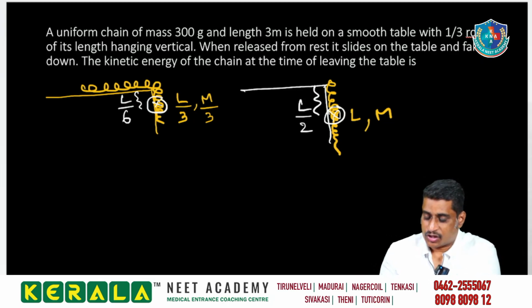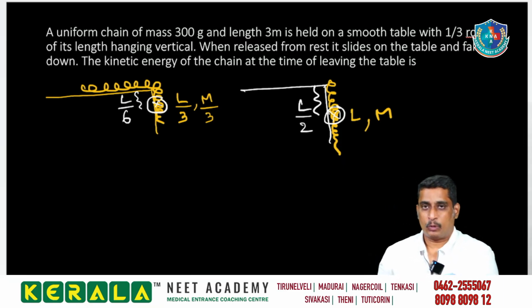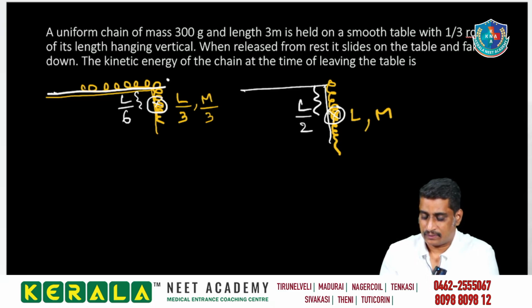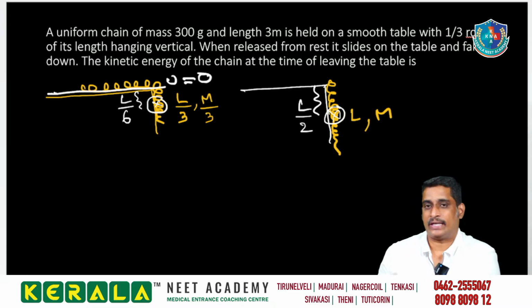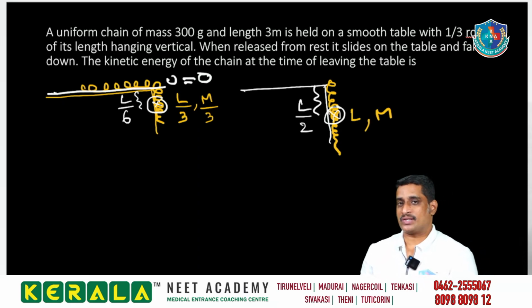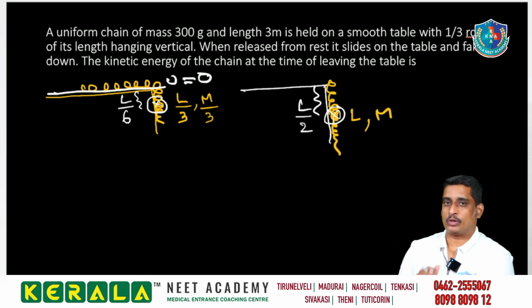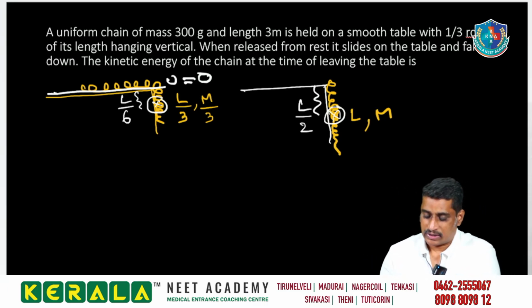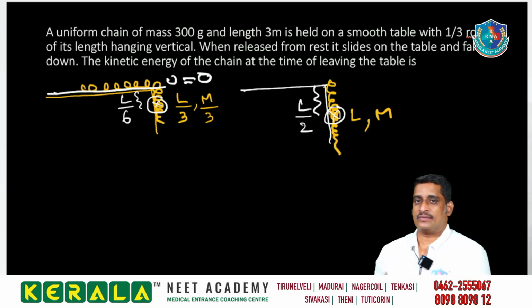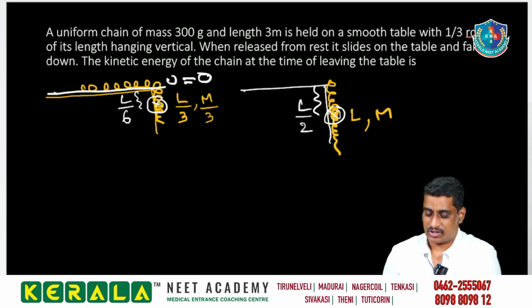If you take the edge of the table as the reference line, where potential energy is 0, we have the freedom to construct reference lines anywhere, no problem, because what we are calculating is the change in potential energy of the system. With respect to the reference line, initially the center of mass of that chain will be at a distance L by 6.